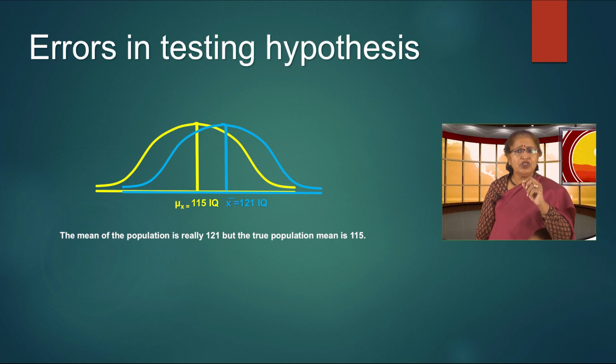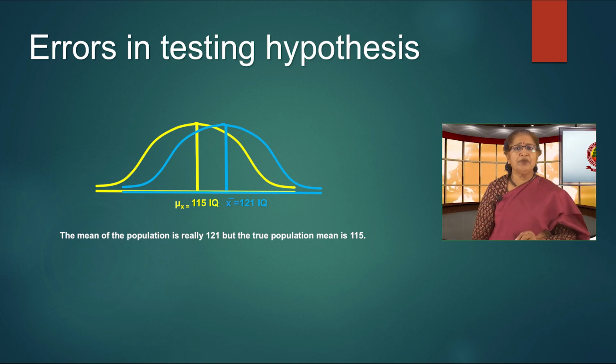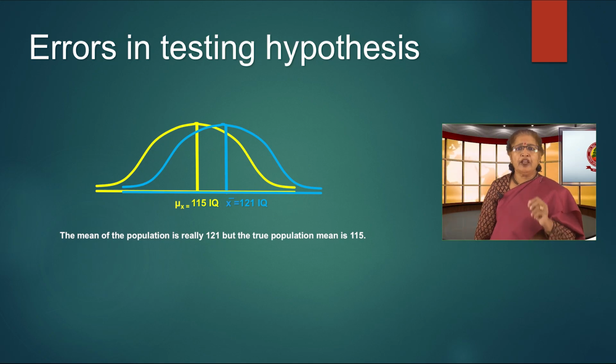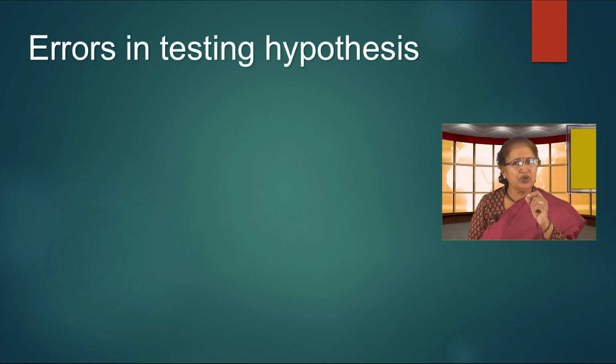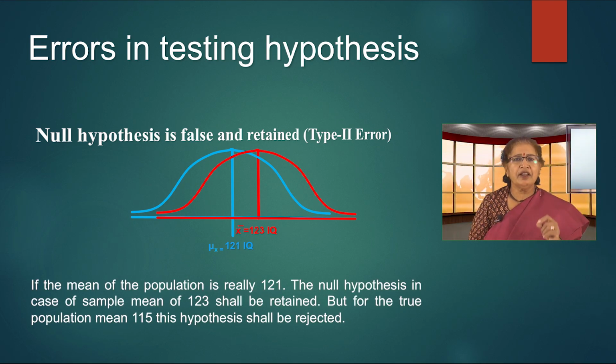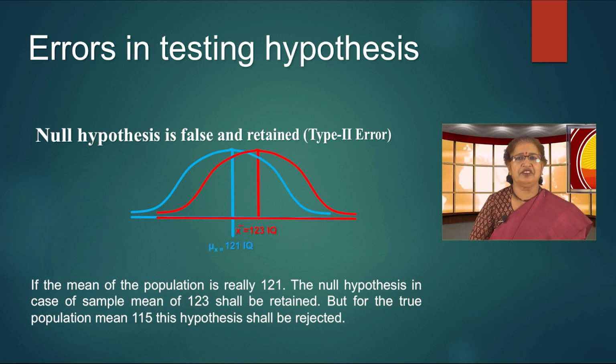The sample mean actually belongs to the true sampling distribution, but to test the hypothesis that the mean of the population is 115, we evaluate the mean according to its position in the sampling distribution shown in blue lines. Relative to that distribution, it is not deviant enough for the null hypothesis to be rejected.